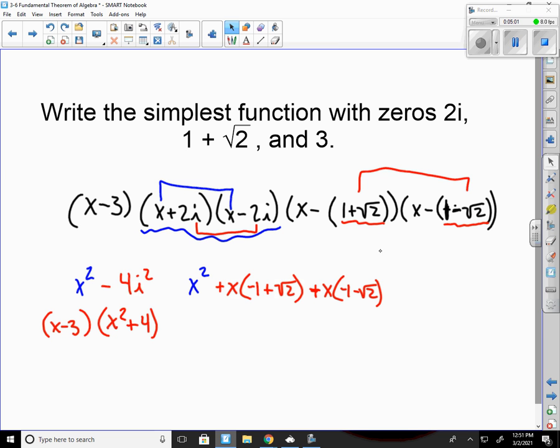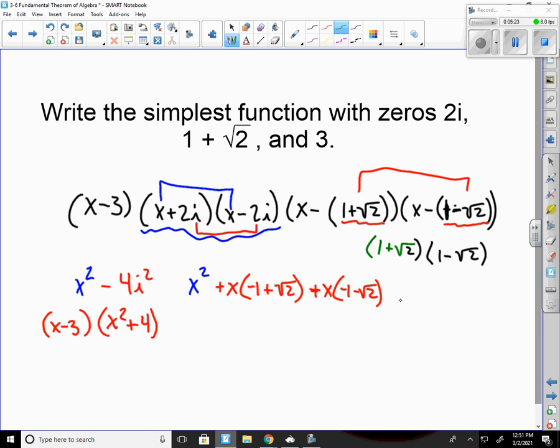So I'm doing, use a color I haven't used yet, 1 plus the square root of 2 times 1 minus the square root of 2. So I have to treat this just like I'm FOILing, or just distributing twice.